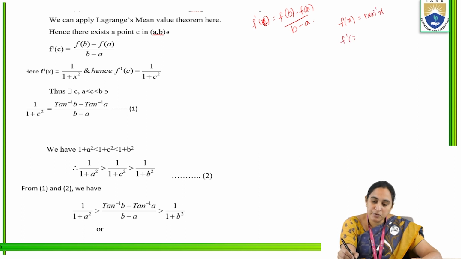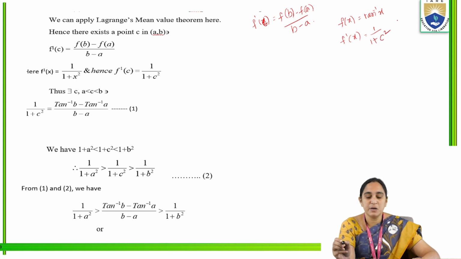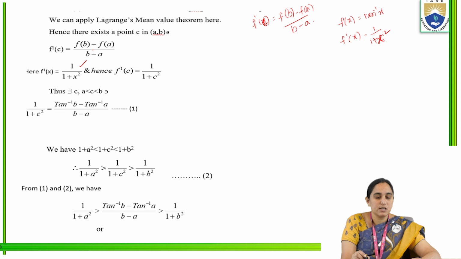And its differentiation is 1 by 1 plus x square. Here I am substituting in the formula: f dash of x is equal to 1 by 1 plus x square. In place of x I am substituting c, so f dash of c is equal to 1 by 1 plus c square.